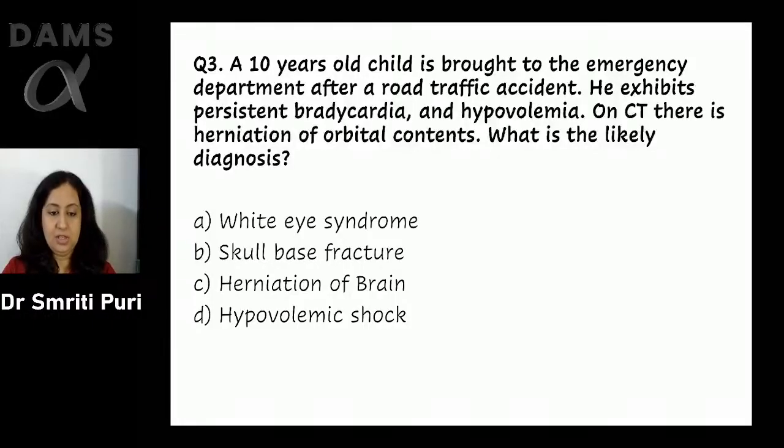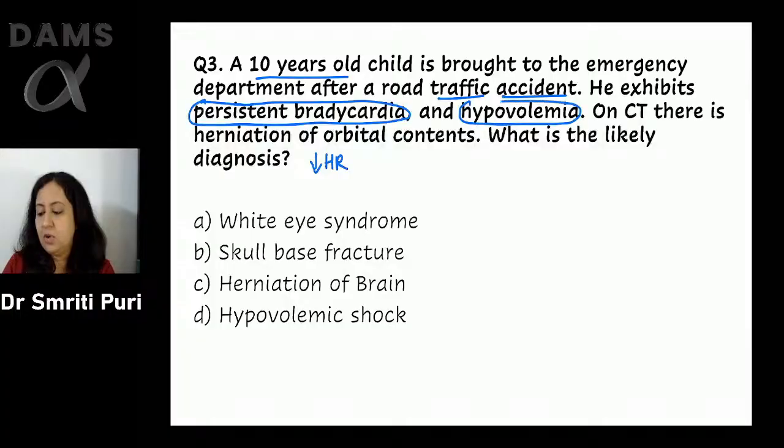So let's understand the question. 10-year-old child. So it's a pediatric patient brought to emergency department after road traffic accident. So there's history of trauma. Exhibits persistent bradycardia. What is persistent bradycardia? Decreased heart rate. And hypovolemia. What is hypovolemia? Fall in blood pressure. On CT, there is herniation of orbital contents.